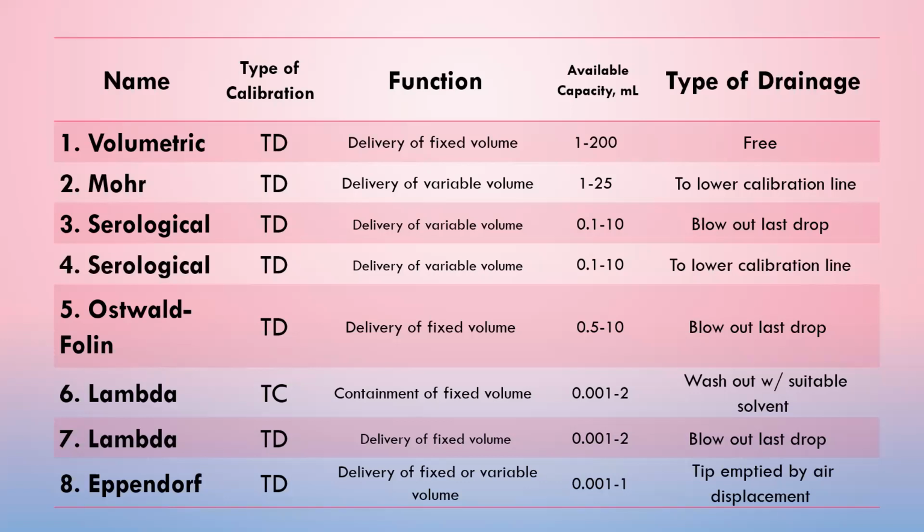And we don't blow that out. Kung tumigil na siya sa pag-flow, yun na yun. Hindi mo na kailangan ipilit na i-blow out talaga lahat. Unless na lang yung isang serological pipette natin na blow out the last drop. Kailangan mo talagang ubusin ang laman niya.